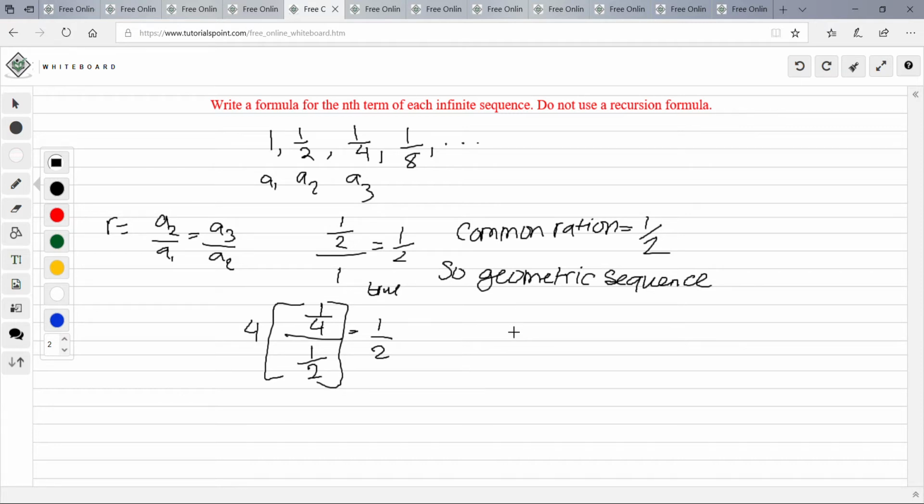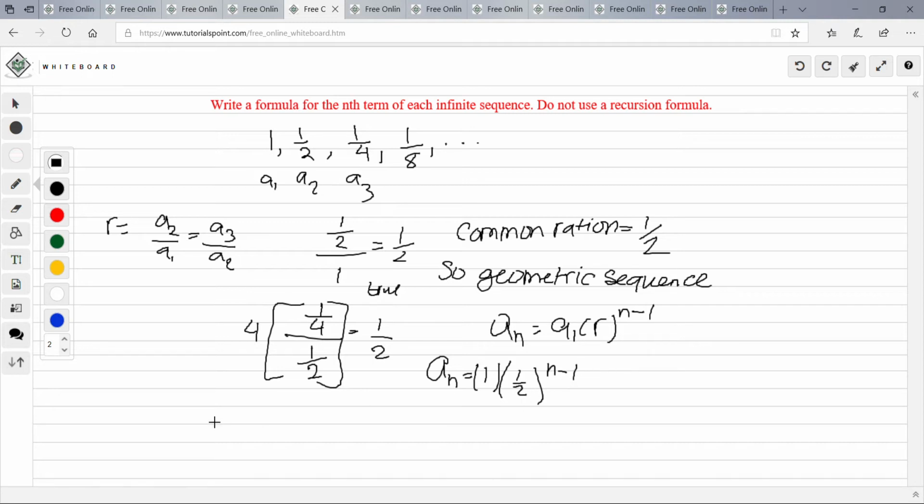We're going to use this formula: an equals first term times ratio raised to n minus 1. So our first term is 1, our ratio is 1/2, and then raise everything to the n minus 1.